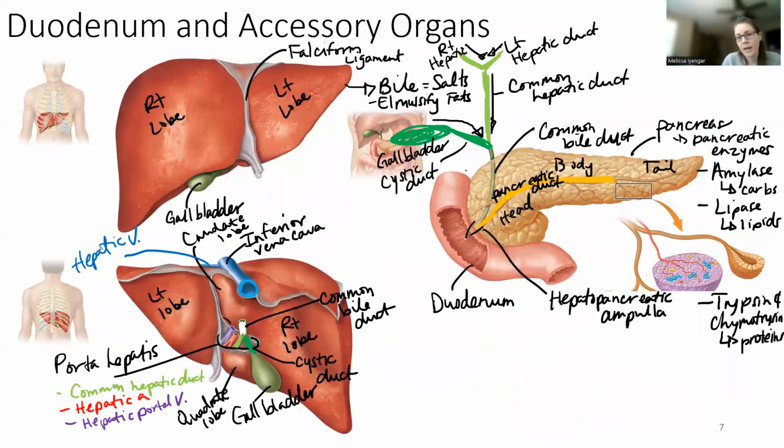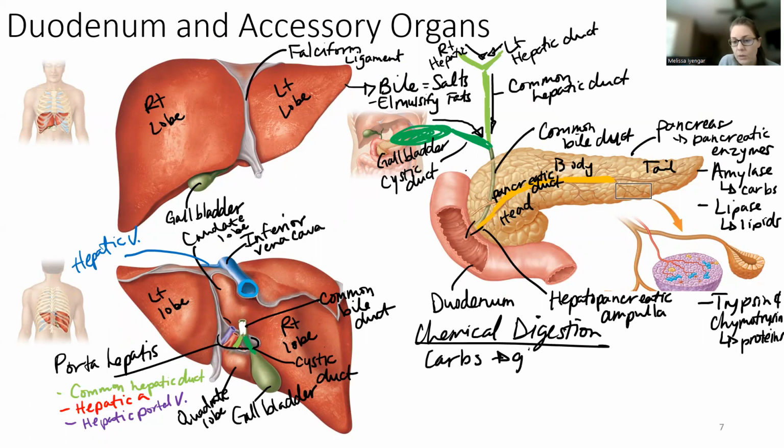So you do want to understand that carbs get broken down into sugar. Lipids get broken down into other things. So let me write that down. We're going to have chemical digestion. This starts in the duodenum and continues into the jejunum and the ileum. So carbs become glucose or simple sugar.